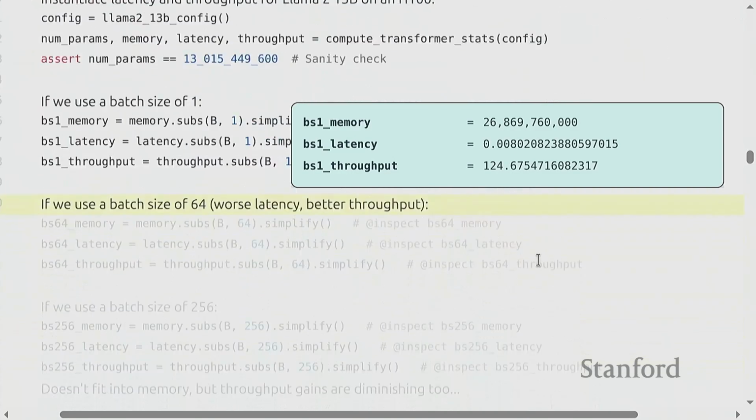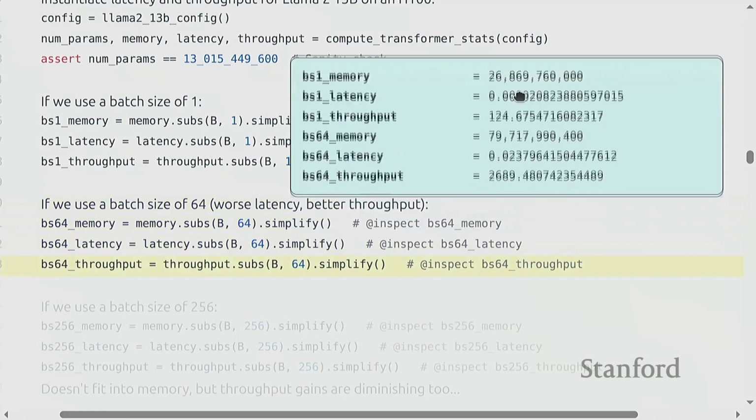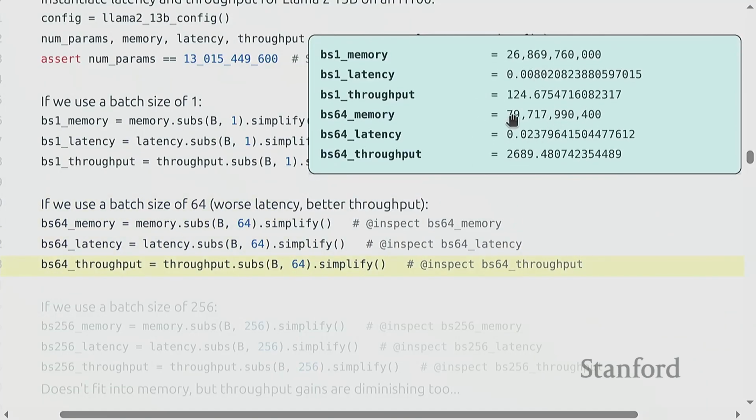So now what happens if you use batch size of 16? You'll see that the memory usage increases because you need to store the KV cache for all 64 sequences now. The latency goes up because instead of just processing one, you have to wait for everything to finish.